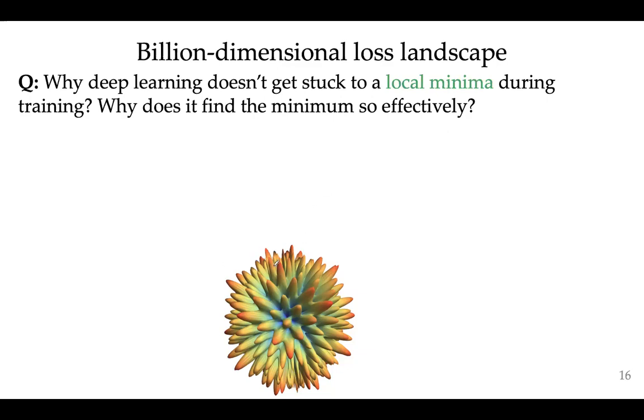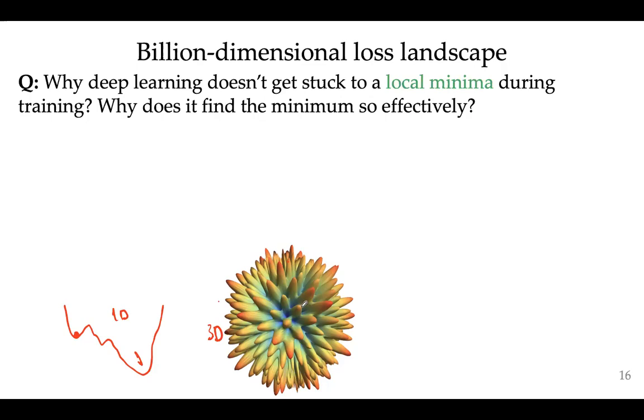So what I have here is a 3-dimensional loss landscape. Let's start with 1 dimension. In 1 dimension, it's possible that during the minimization training process, the training gets stuck at some local minimum instead of the global minimum. But if you think about 3 dimensions, this is 1D. We can also think about 2D, but let's go to 3D.